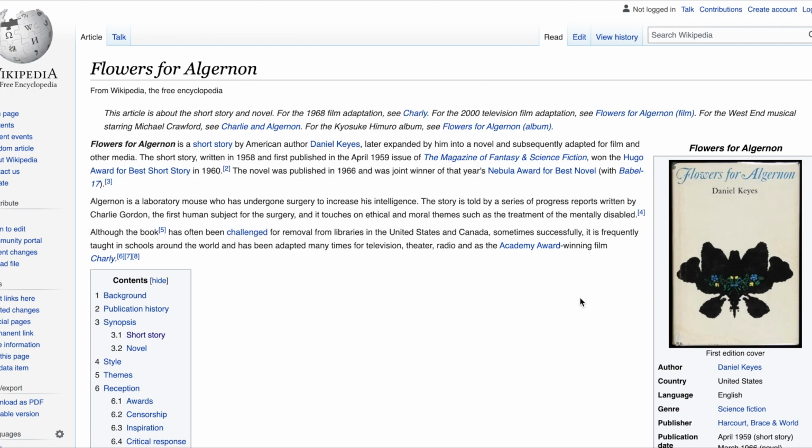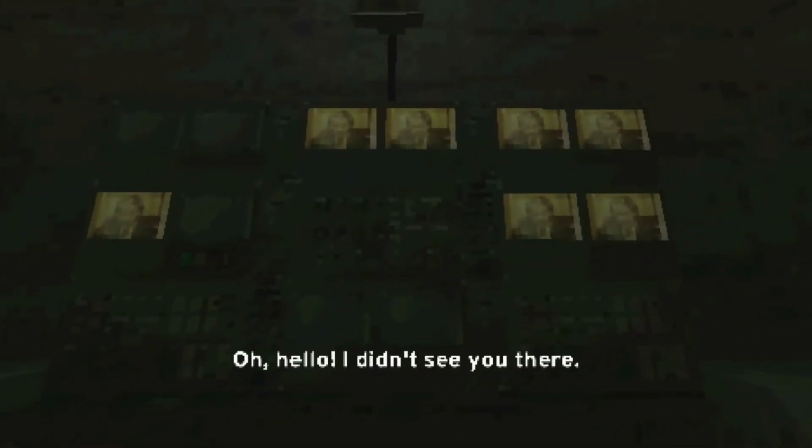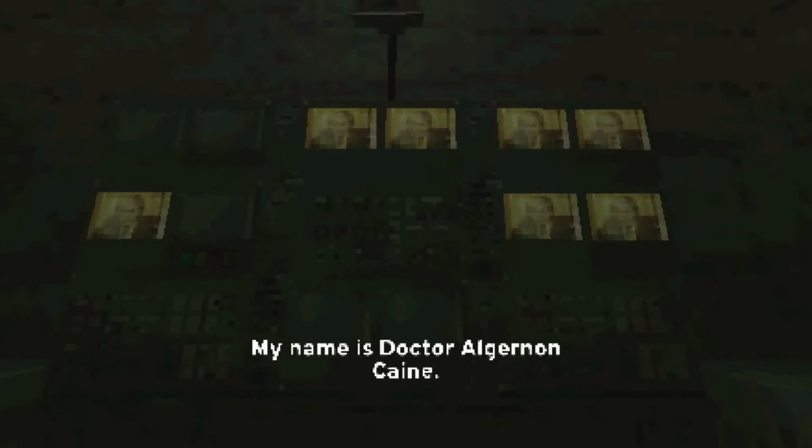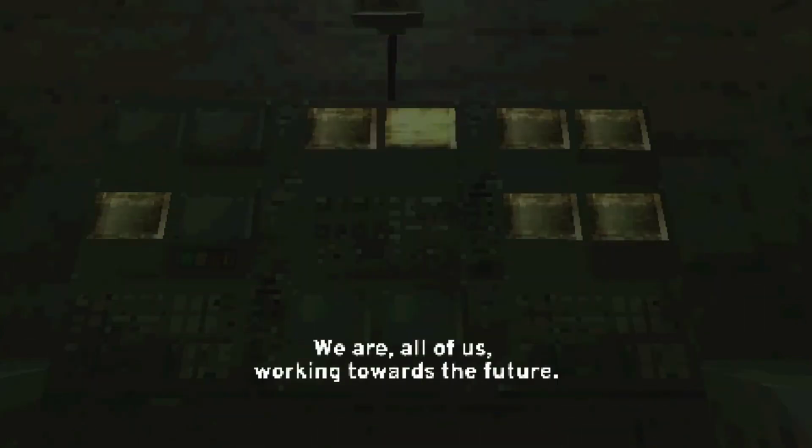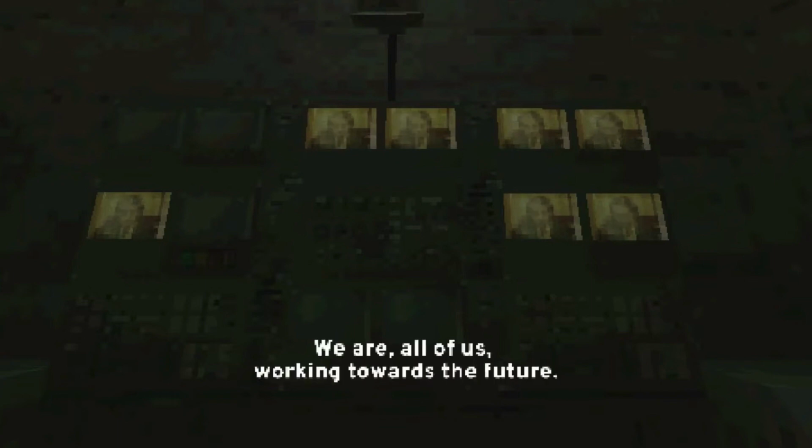And just because of the plot of the story, I'm thinking the developers probably named their character after the character in the story. Because the story is basically about a scientist who is working with mice in his laboratory, and he has a mouse that he gives surgery to make it more intelligent.